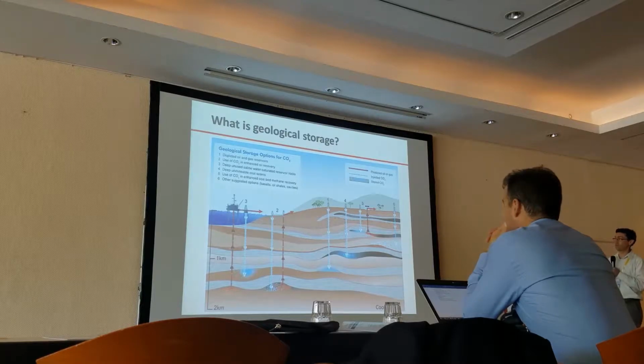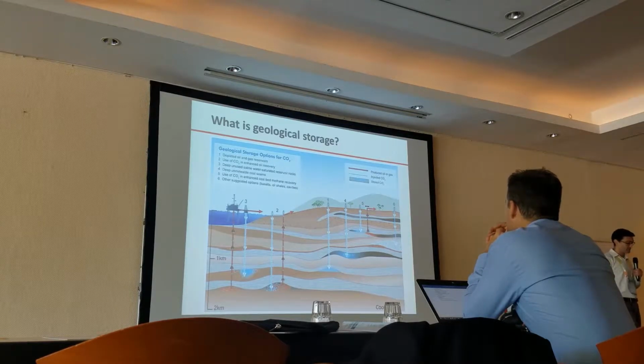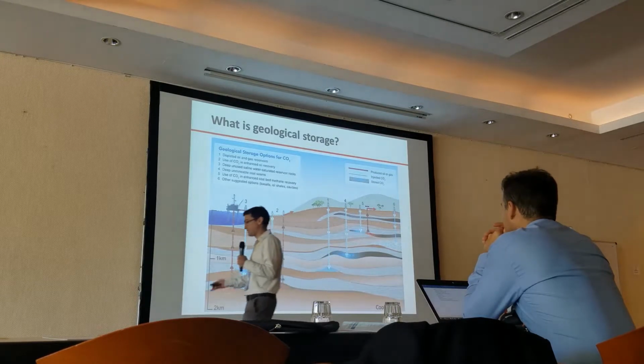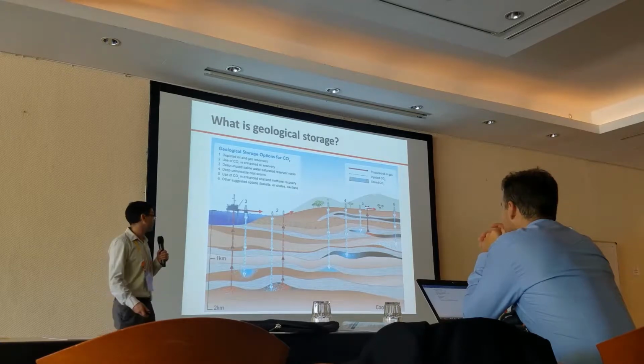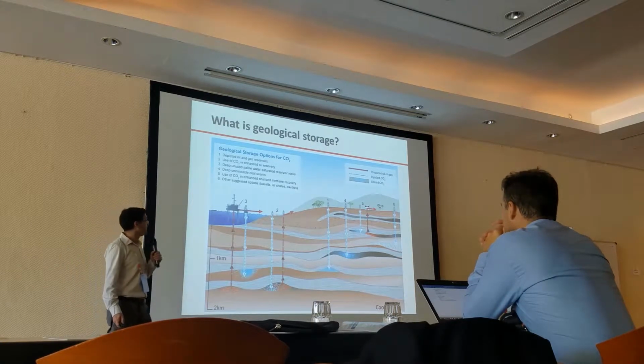Now, as for the different formations that you can inject CO2 in, there's a list here of some of the possibilities. The most popular is deep saline aquifers. These are aquifers that have water that we're not using, we're not drinking, because it's salty.